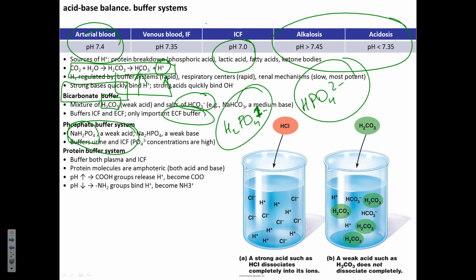So these two ions can either accept hydrogen or donate hydrogen. This is more acidic, so it's readily giving hydrogen away if needed. This is more basic, so it accepts hydrogen if needed. Make sense?